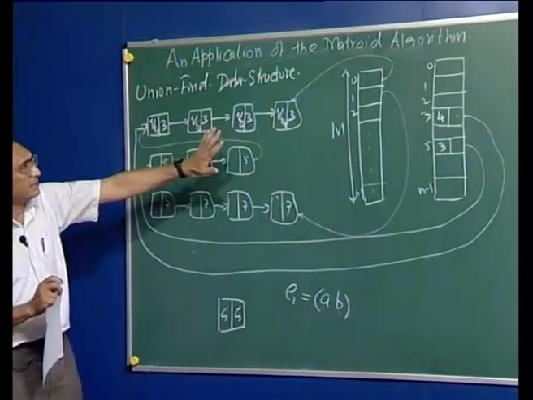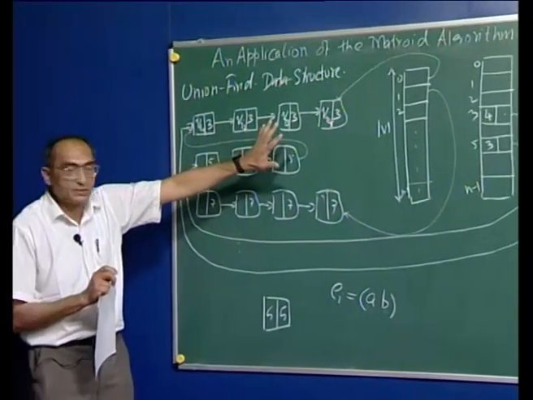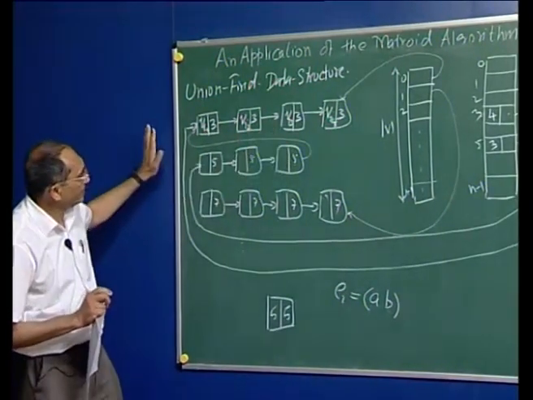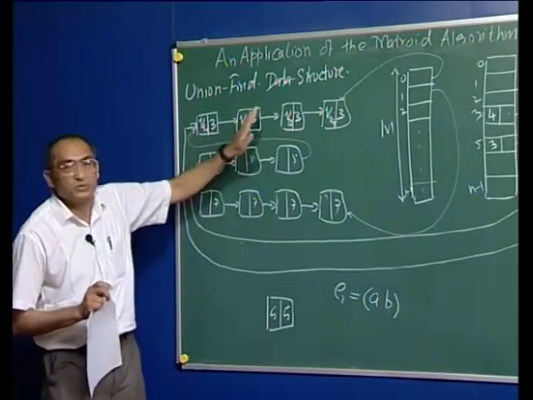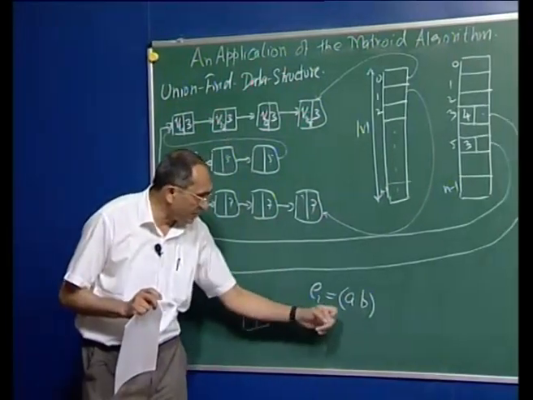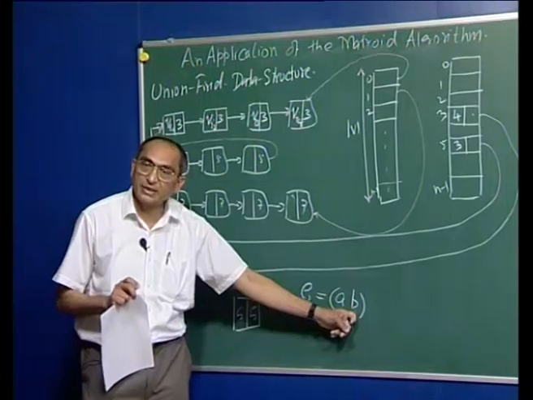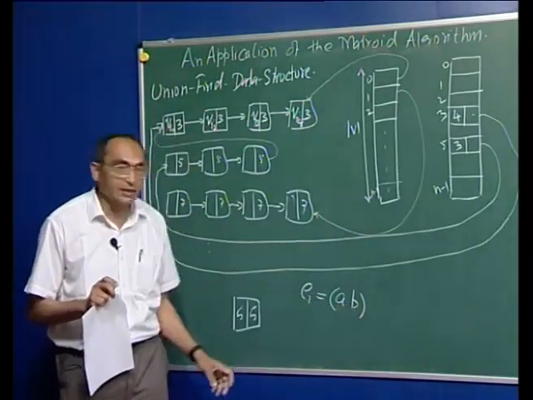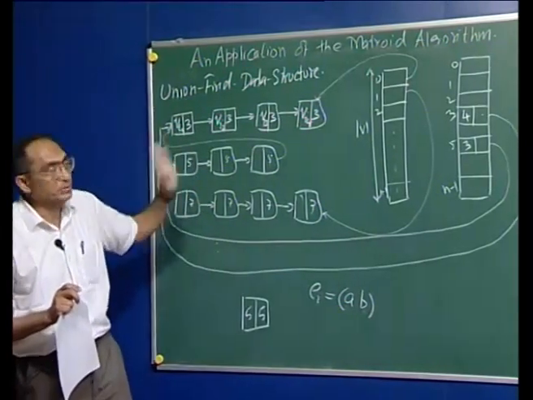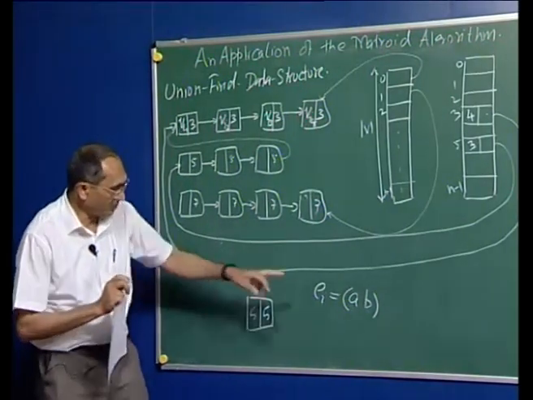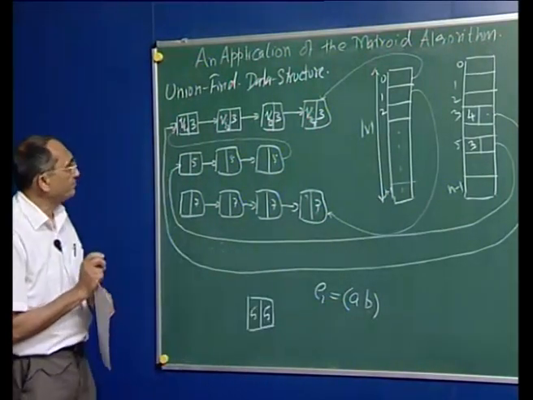Now, in this data structure, what is the cost of find and union? For every edge, we find the sets of the two vertices, and then perform a union if these are two distinct sets.